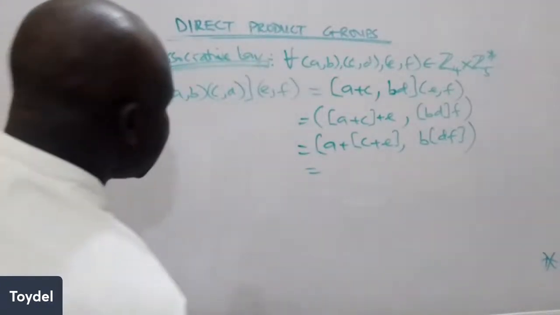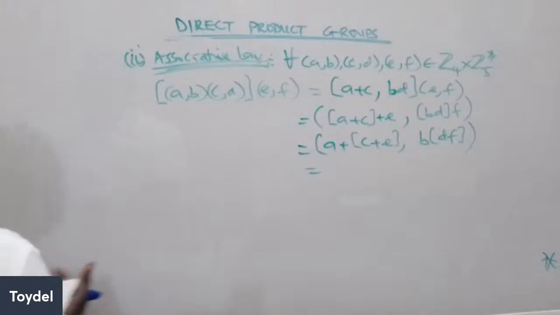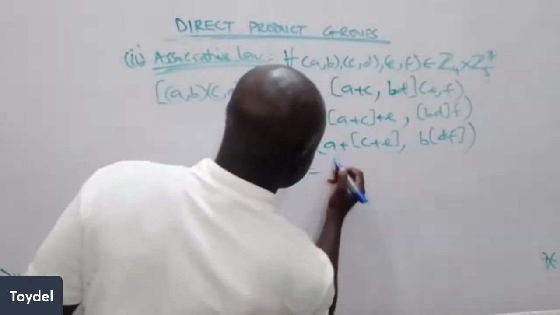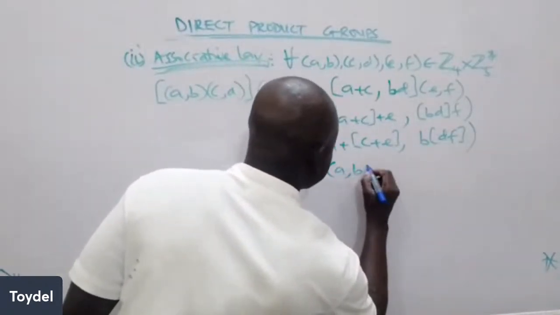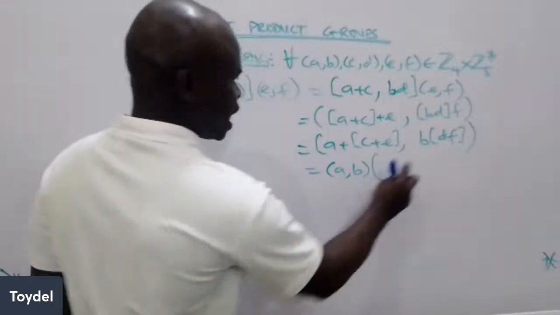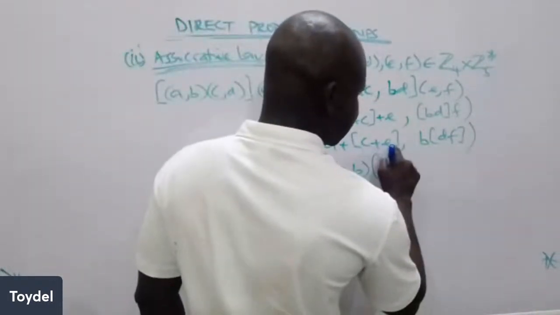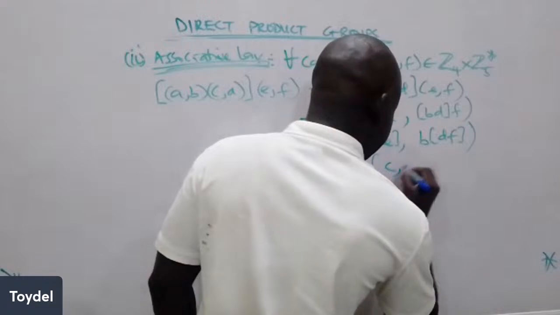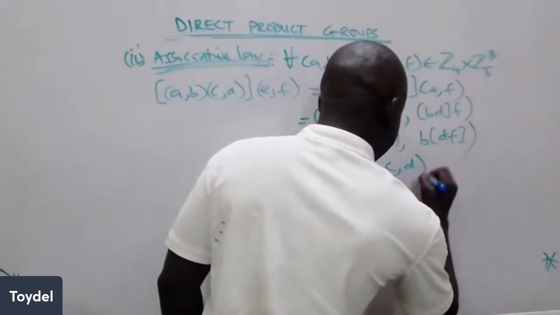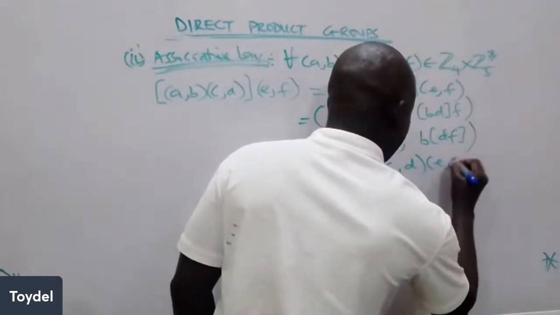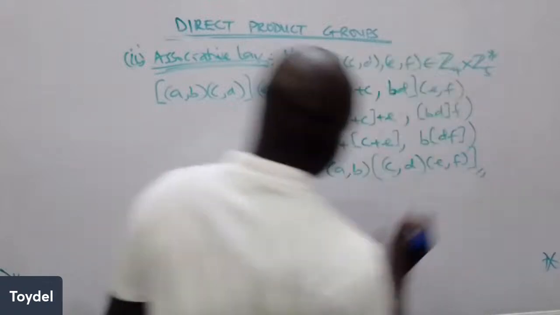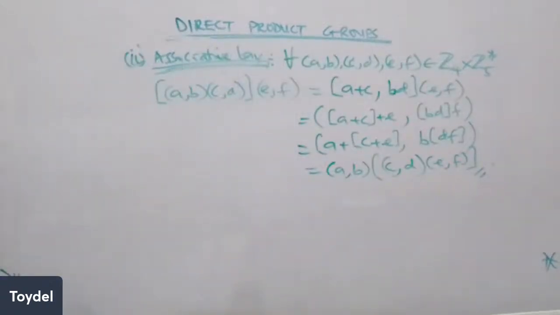This is the same thing as I can bring these two together to say (A, B) in brackets. I brought out these two. Then this is C, this is E. I'm going to have (C, D), then (E, F). And that is what we are about to show. And that's what we have shown.